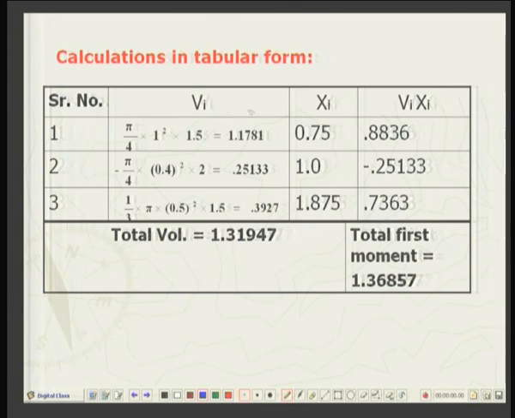So, its individual volumes are calculated. For the cylinder, the base area times the length of the cylinder. Okay. So, pi by 4 into 1 square into 1.5, this gives me 1.1781. For the cavity, again because it is a cavity, minus pi by 4, again length is 2 meters, the diameter is 0.4.